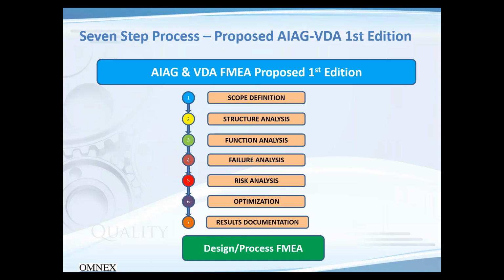Failure analysis will replace the causal side, and then risk analysis will replace RPN. The risk analysis and optimization area will be replacing what eventually was the RPN analysis, and then they added a 7th step about 6 months ago, which is the result documentation and how that information gets utilized and how you keep the FMEA updated over time.